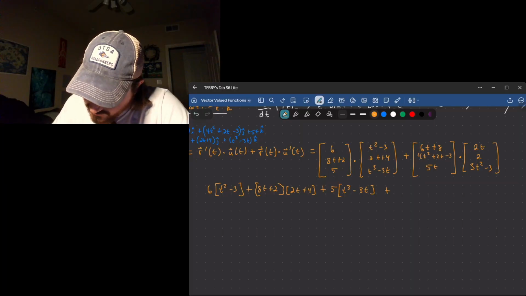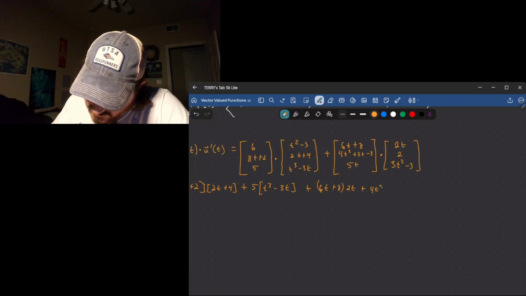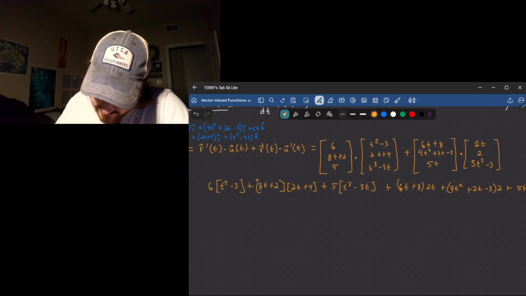And then the plus in the middle stays the same, and we'll do our other dot product now. We get 6t plus 8 times 2t plus 4t squared plus 2t minus 3 times 2 plus 5t times 3t squared minus 3. Okay, now we just got to distribute all of that and simplify.